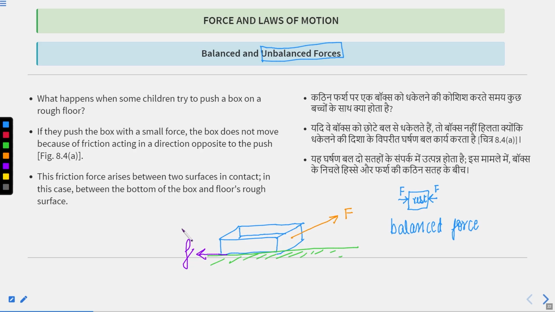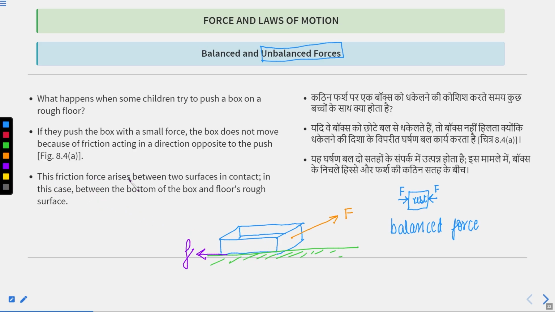I am denoting friction force with the symbol small f. Now let us assume that the children are trying to pull that cart and are unable to pull it. What does it mean? It means that the magnitude of the friction force is equal to the magnitude of the force applied by that person. That's why this object is not changing its state.